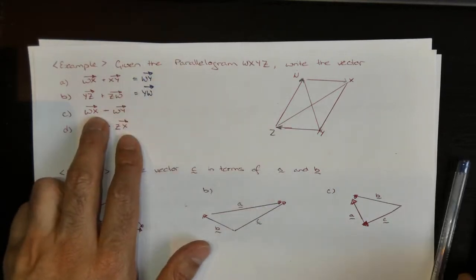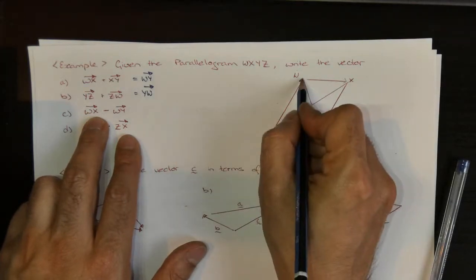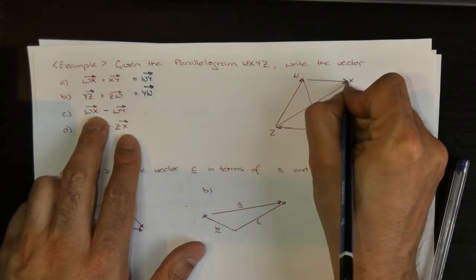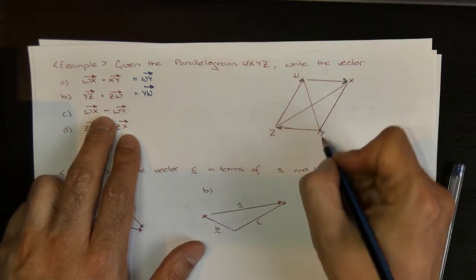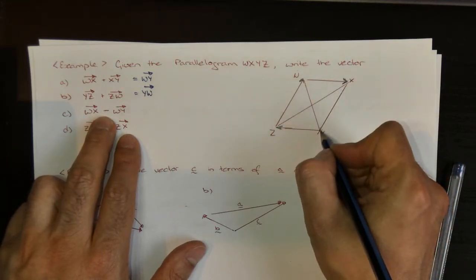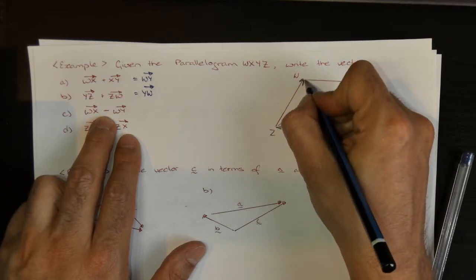Okay. So here I'm still going WX, and now I'm going to subtract WY. WY is going this way, so I'm going the opposite way, which is this way.